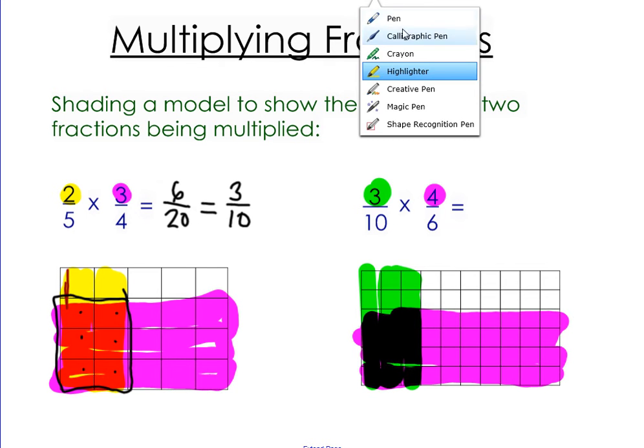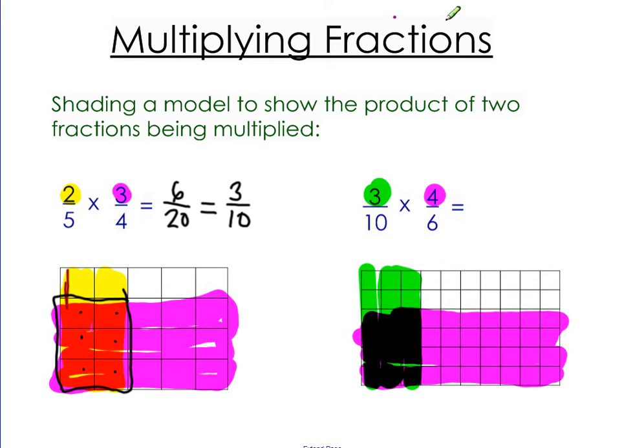Now the squares that are sharing both colors would be right here in this section. And that is 3 times 4, there's 12 altogether. And if we have 10 going this way and 6 going this way, that's 10 times 6, which is 60. So 12/60. Now 12/60 can be reduced.